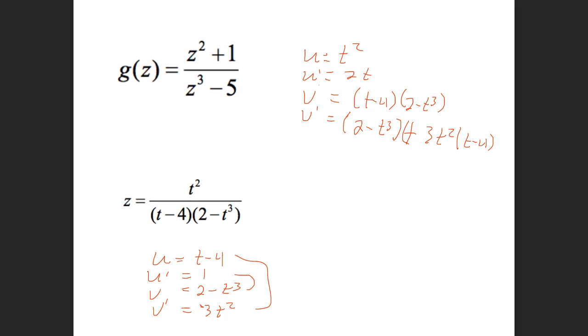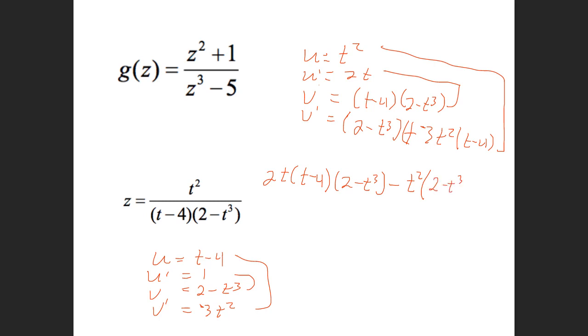I've got inside, so that's going to be 2t, t minus 4, 2 minus t to the third, minus outside. Hey, that's a lot of outside there. So that's going to be t squared and then times this whole thing, so that's 2 minus t to the third.